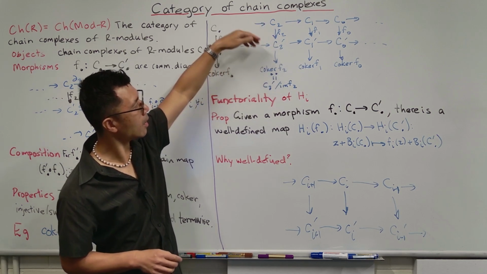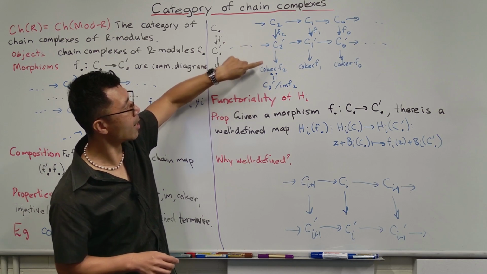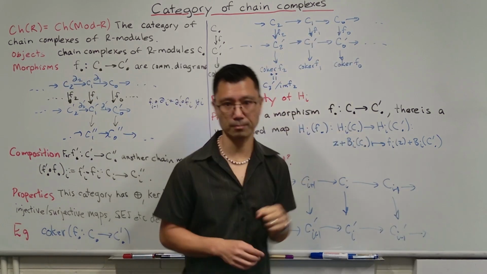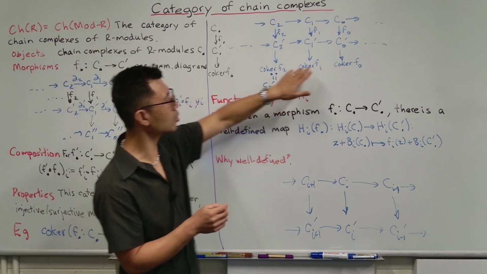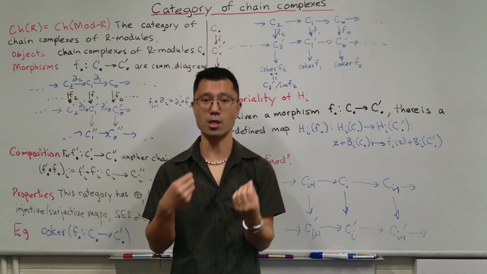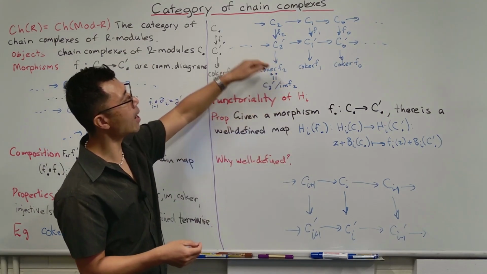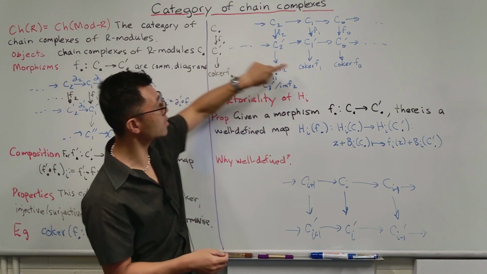So that's the cokernel. It's going to be a quotient of this, so you have a map from C2 prime to this cokernel. And you can do this in each slot. But then the question becomes, well, this isn't a complex now. It's just a sequence of modules. There's no maps between them. So what you want to do is show how there are induced maps between them. So how do you go from here to here, for example?